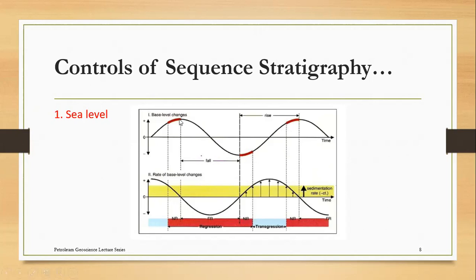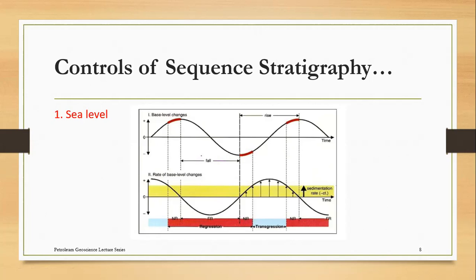So at each point of this cycle, a particular deposition is taking place. If it is at the highest point, you have your HST forming. If it's at the lowest point, you have your LST forming. And if it is climbing, you have your TST. These HST, LST, and TST are basically types of systems tracts.